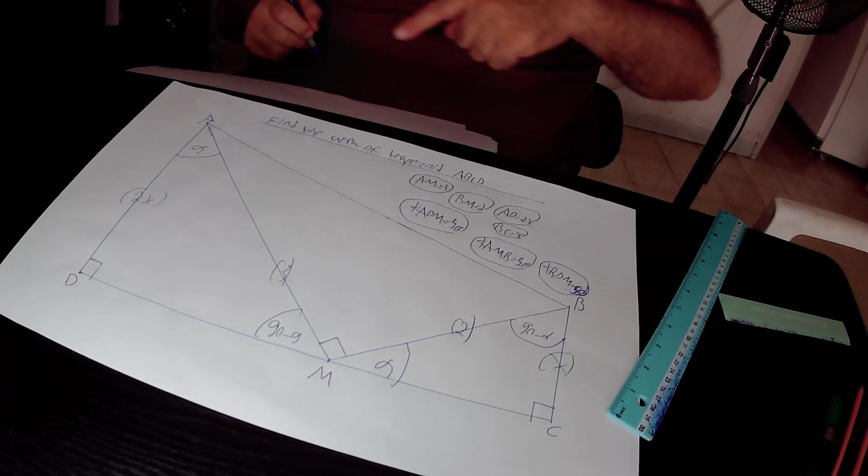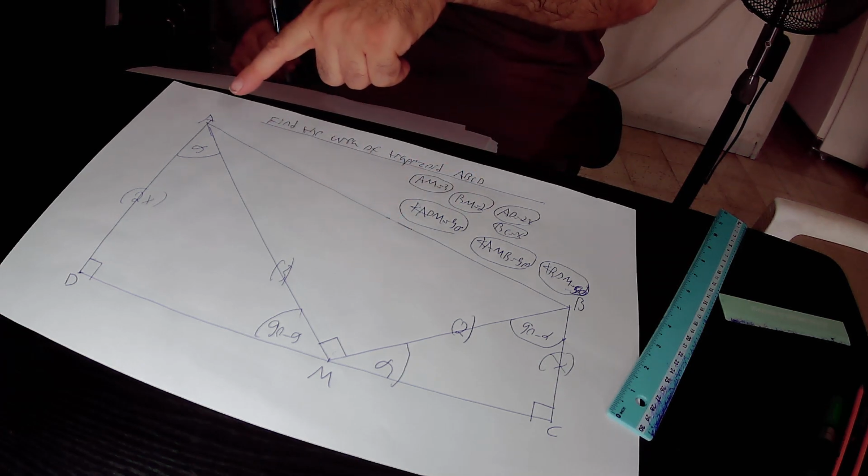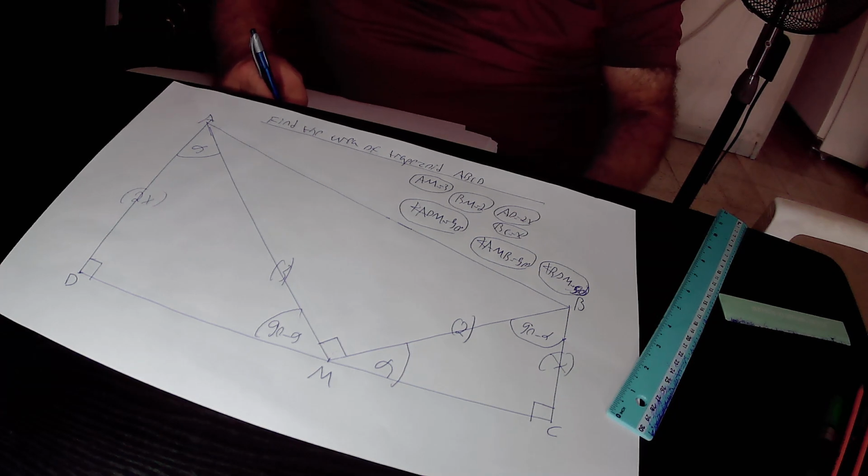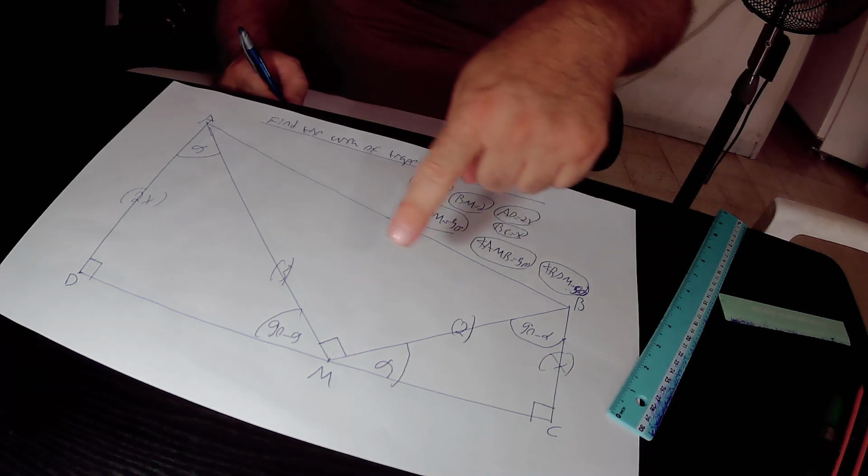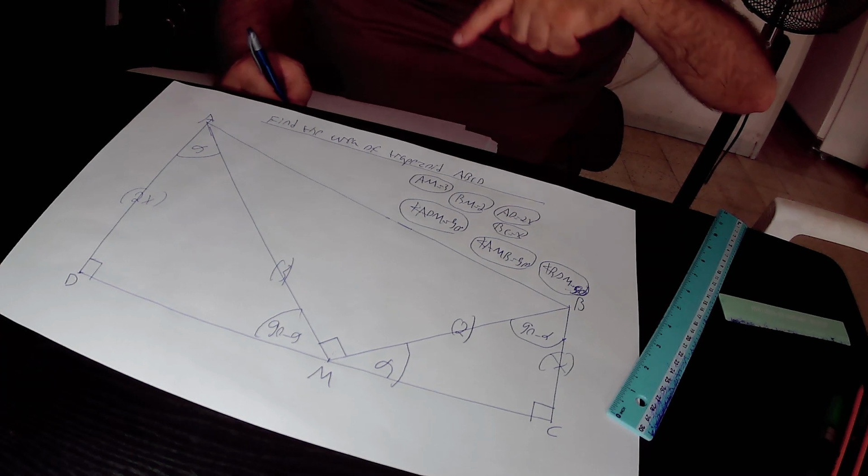And it is also equal to side AM of this big right angle ADM over side BM of this small right angle BCM.